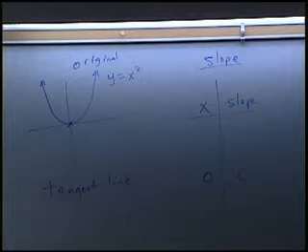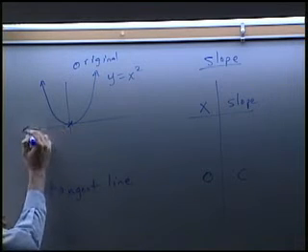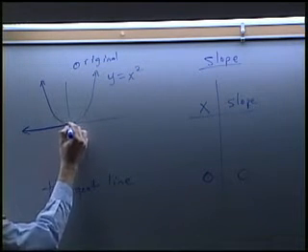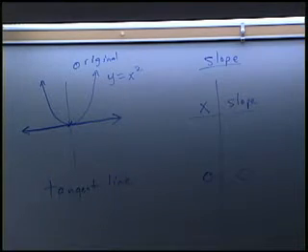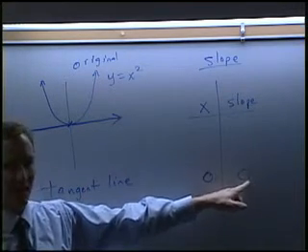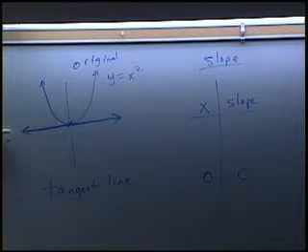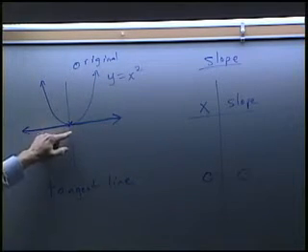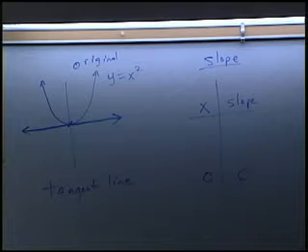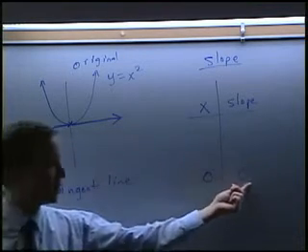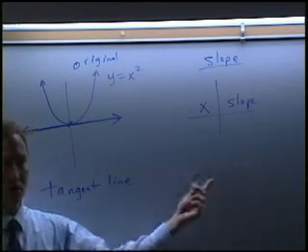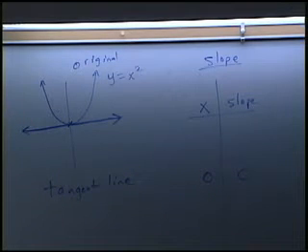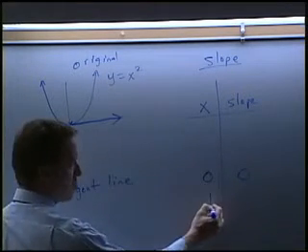So I want to come along and draw a line that will touch this graph in only one point, and I want to see what is the slope of that line. Can you see that this line would have to be a horizontal line? If I want to just hit the bottom point, that vertex, that's going to have to be a horizontal line, so therefore its slope is 0. Okay? So I think that's the easiest one to see. Now, what if I come over here to x equals 1?